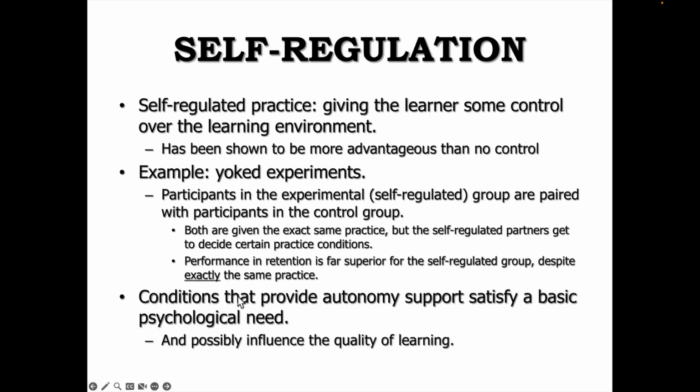So essentially what this shows us is that giving our students or our athletes the autonomy to make decisions on how to practice satisfies a basic psychological need that we humans have, and therefore, in effect, it influences the quality of learning.